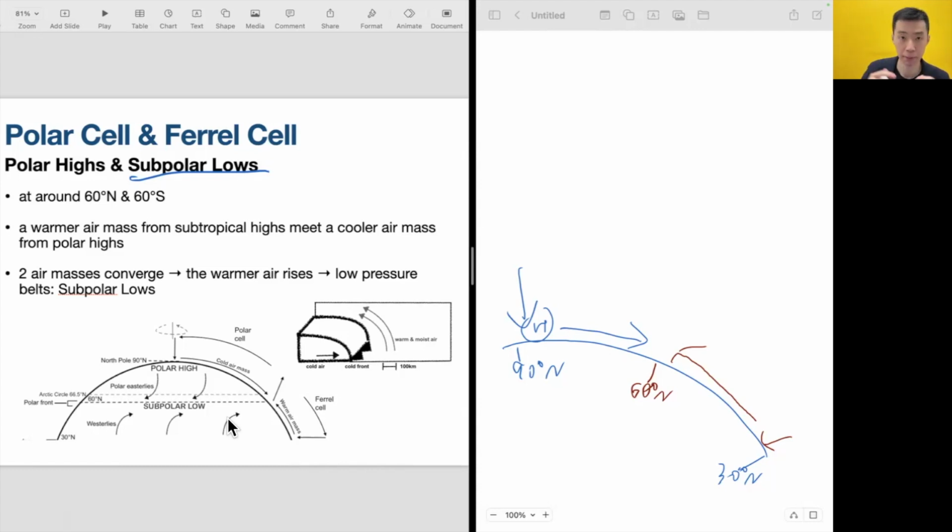It is going to displace the warmer, lighter, and less dense warm air mass. The warm air mass will go up because it gets undercut by the cold air mass, and they keep going to 90 degrees, and this is called the polar front. Because we have rising air, we have low pressure. So that's why we have subpolar low pressure at around 60 degrees north and south.